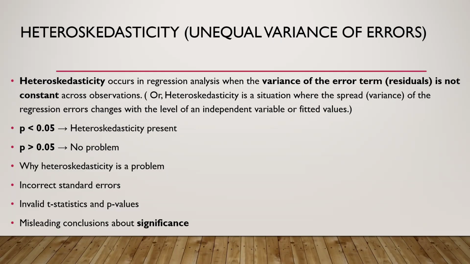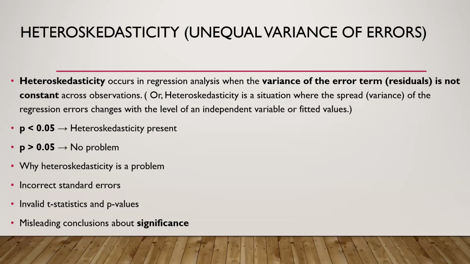Why do you think heteroskedasticity is a problem? One, incorrect standard errors. The problem of heteroskedasticity is that it leads to incorrect standard errors. It also leads to invalid t-statistics and p-values, and misleading conclusions about significance.